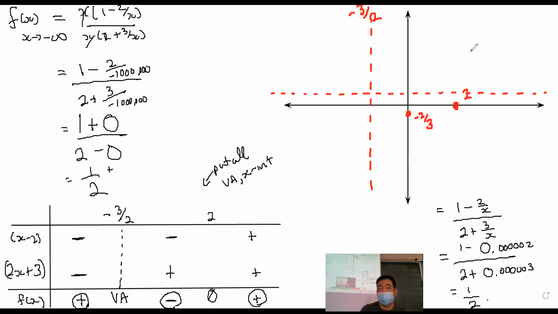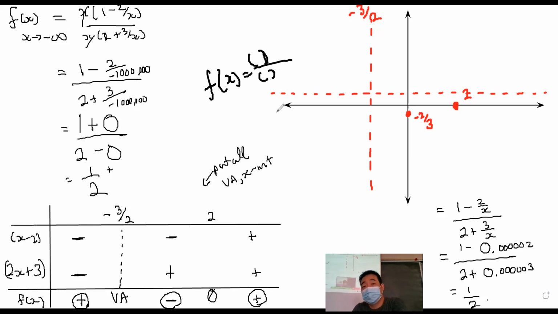How is it positive, negative? Think carefully. Remember the function is x minus 2 in the first bracket, and then 2x plus 3 in the other bracket, right?